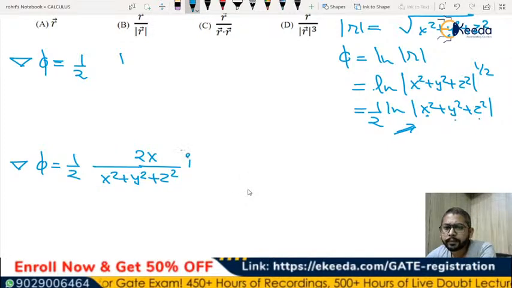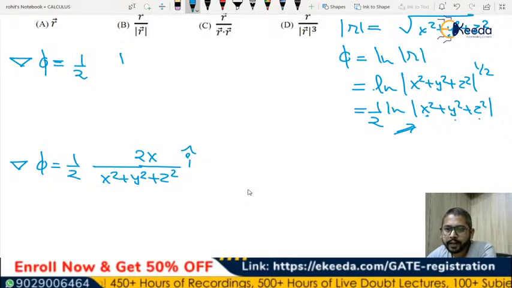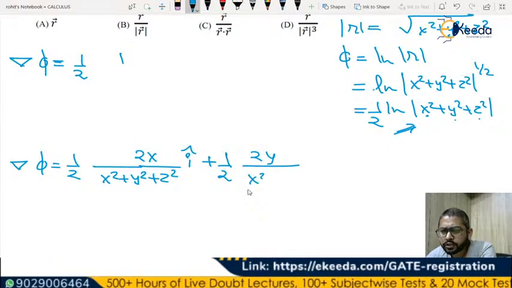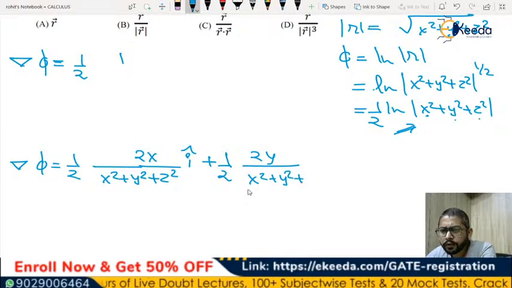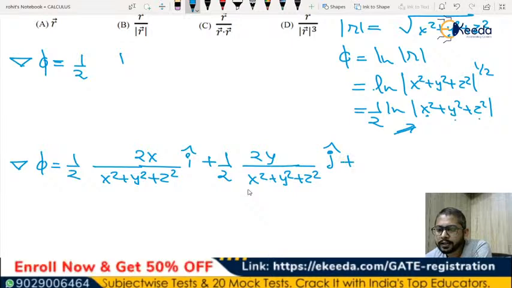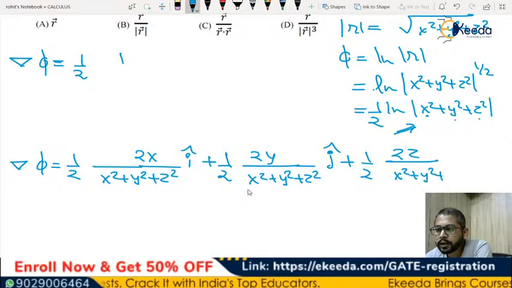This is I cap. Similarly, in a similar fashion, you can do it, half of 2y over x square plus y square plus z square, because it is all the same. This one is the differentiation in terms of y, and third one is in terms of z. So this is 2z over x square plus y square plus z square, k cap.